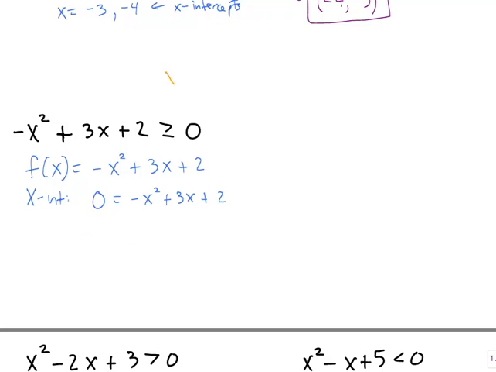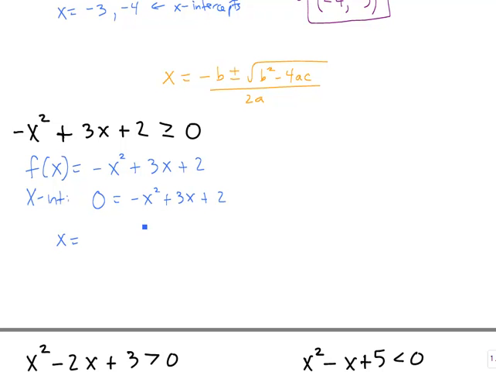And remember, the quadratic formula says if you have a quadratic equation of the form ax squared plus bx plus c, then your x is going to be -b plus or minus the square root of b squared minus 4ac, all over 2a. So that's the formula that we are going to apply to this equation.